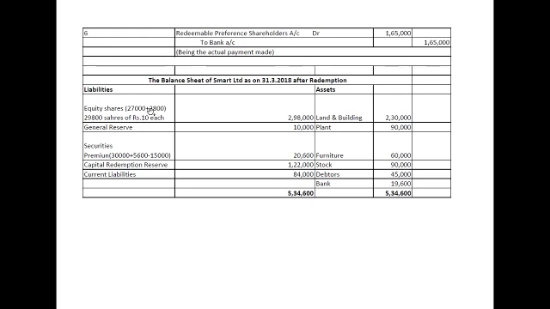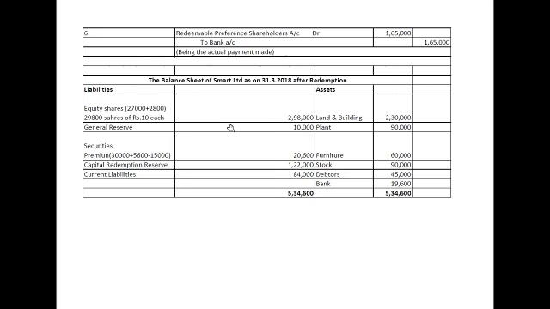After the redemption, there is no need to write preference share capital, remember, because preference share capital is already repaid. So the equity share capital, there will be existing 27,000 equity shares plus 2,800 shares fresh issue. So total 29,800 shares of rupees 10 each. So the value of equity share capital is 2,98,000.